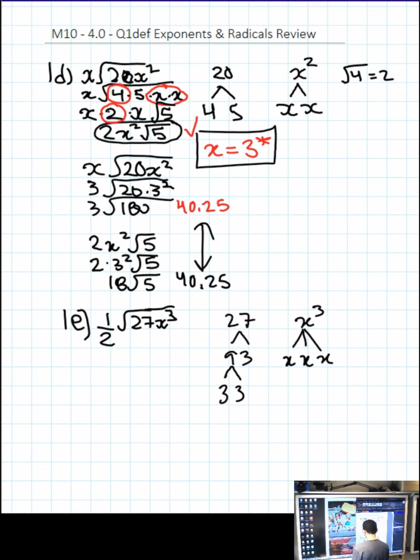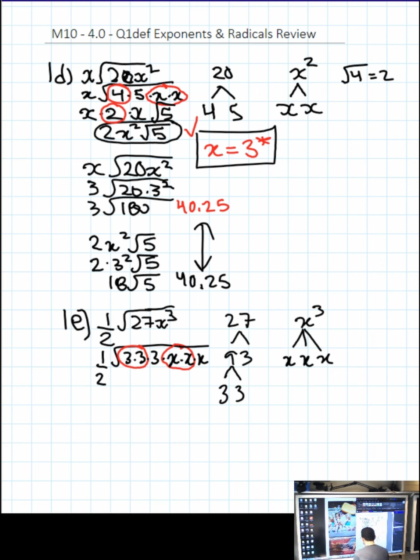So we can convert the radical: we have 1/2 times the root of 3 times 3 times 3 times x times x times x. Now we're looking for pairs of numbers because we're dealing with a square root. We have two 3's and we have two x's, and now we can start to remove these factors.